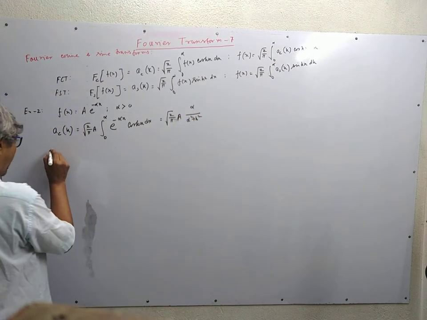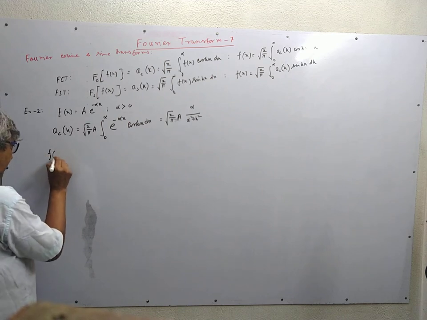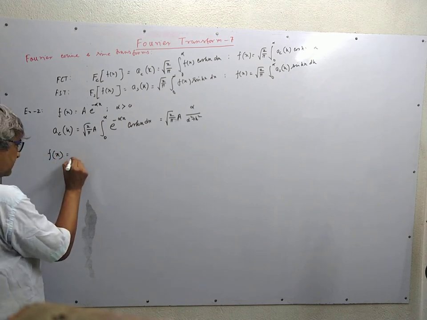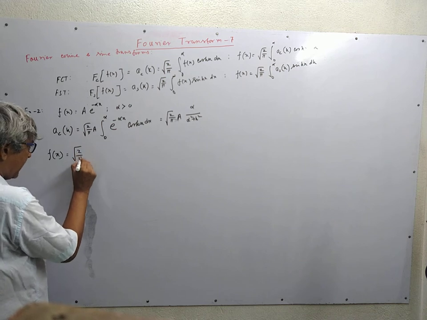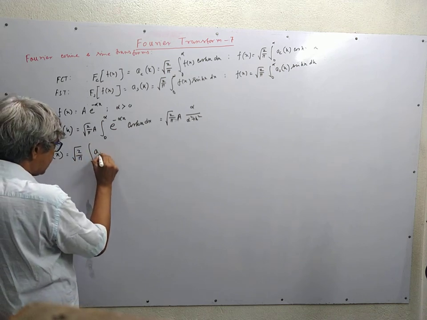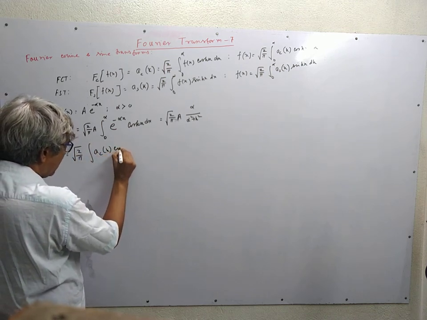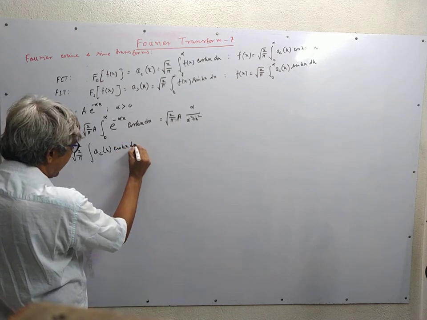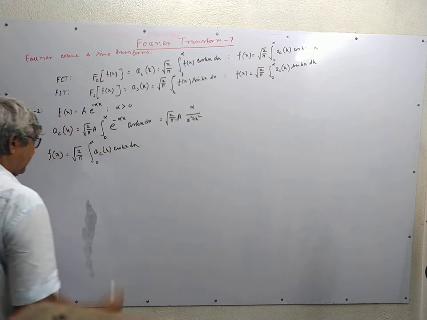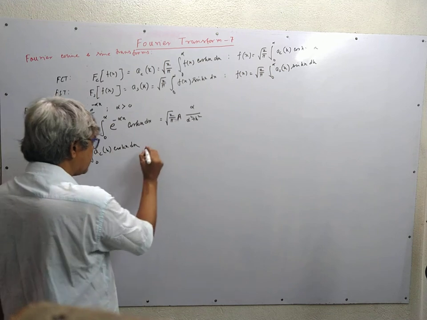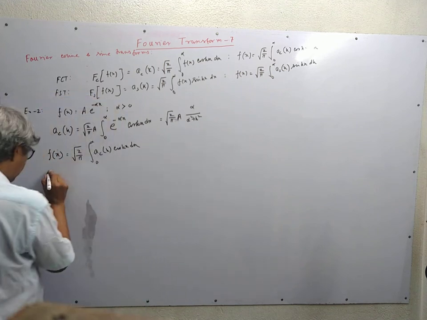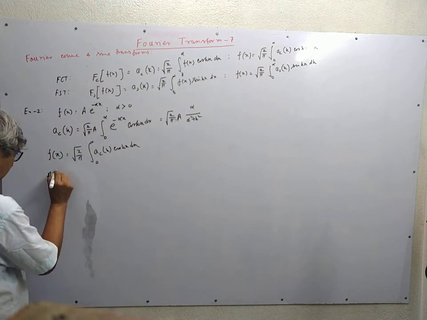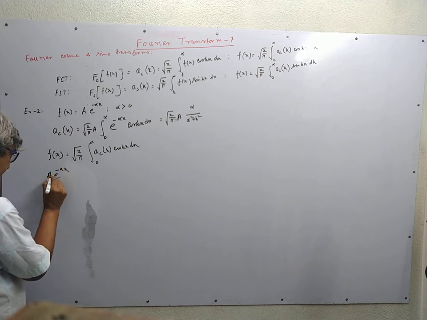If we want to find out the function itself, if we use inverse transformation, this is root 2 upon pi, integral of A_C of k cos kx dk from 0 to infinity. Now if we write this value, it is a e to the power minus alpha x, the function, as we know.